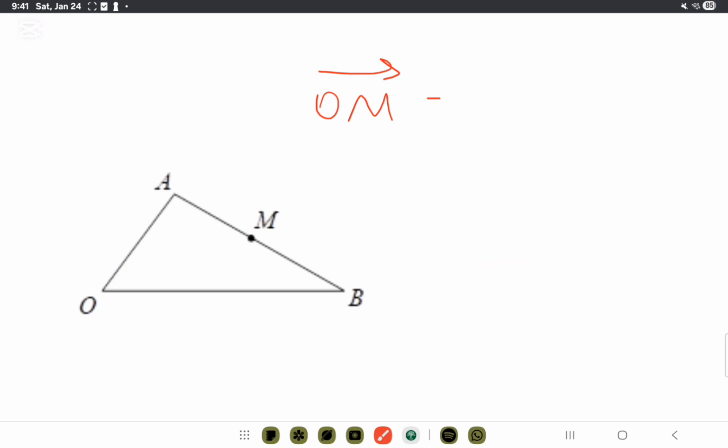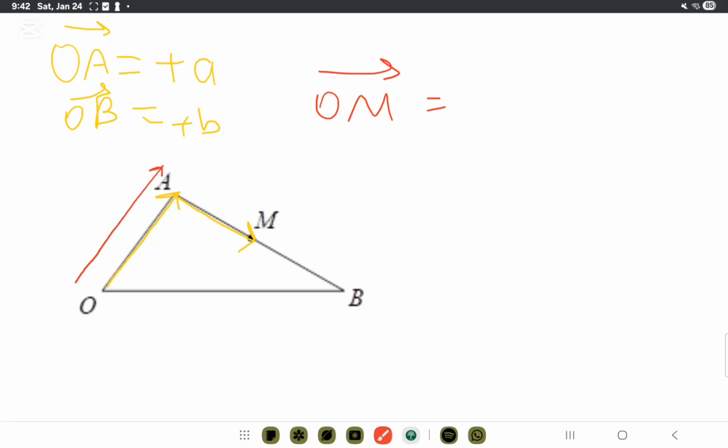Okay? So, what we're doing is OA in this direction is equal to this. In the question, they said that OA is equal to positive A and OB is equal to positive B. So now, what direction is OA going? Is it going like this? Against or with? It's going with.